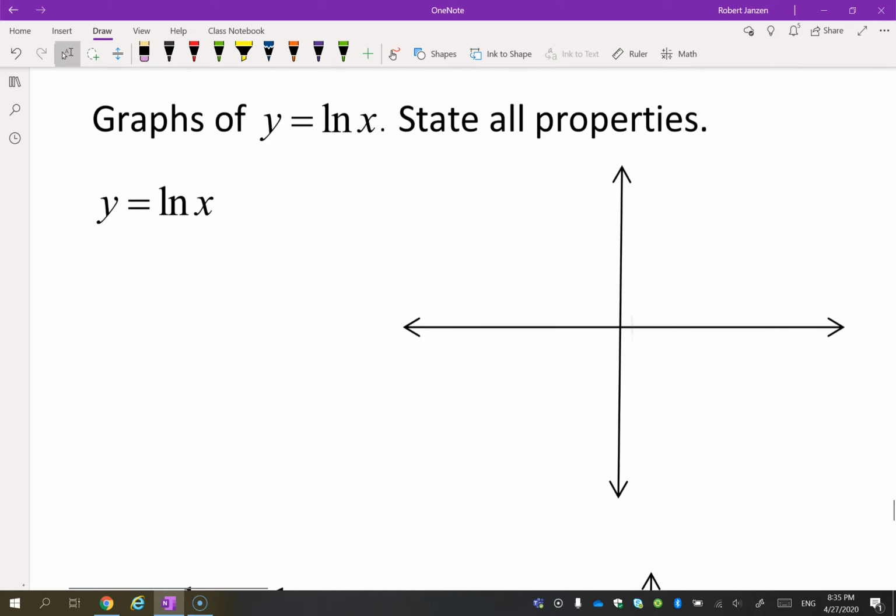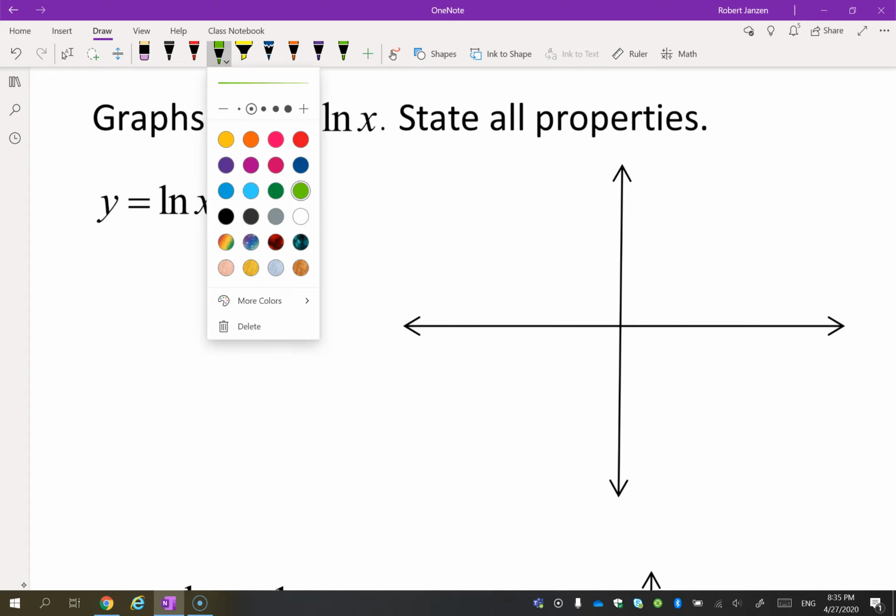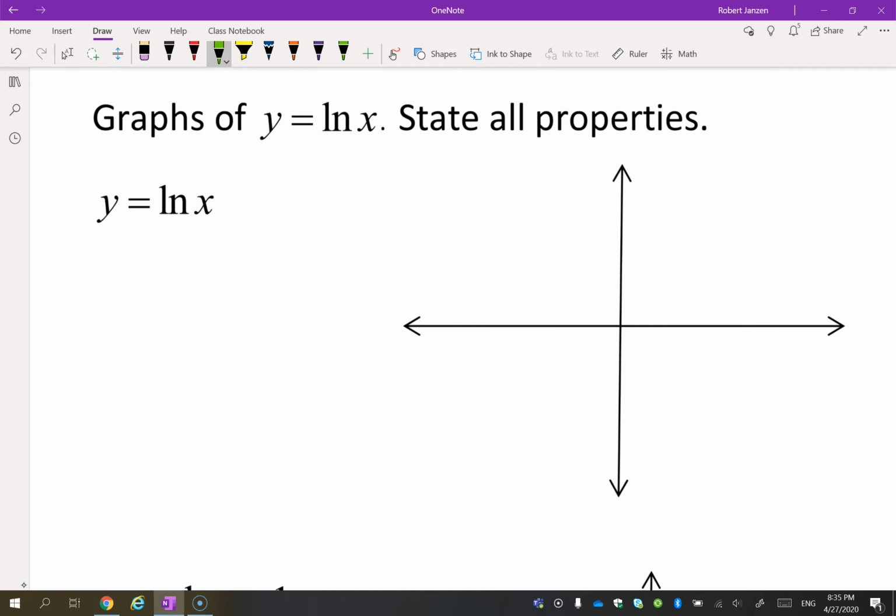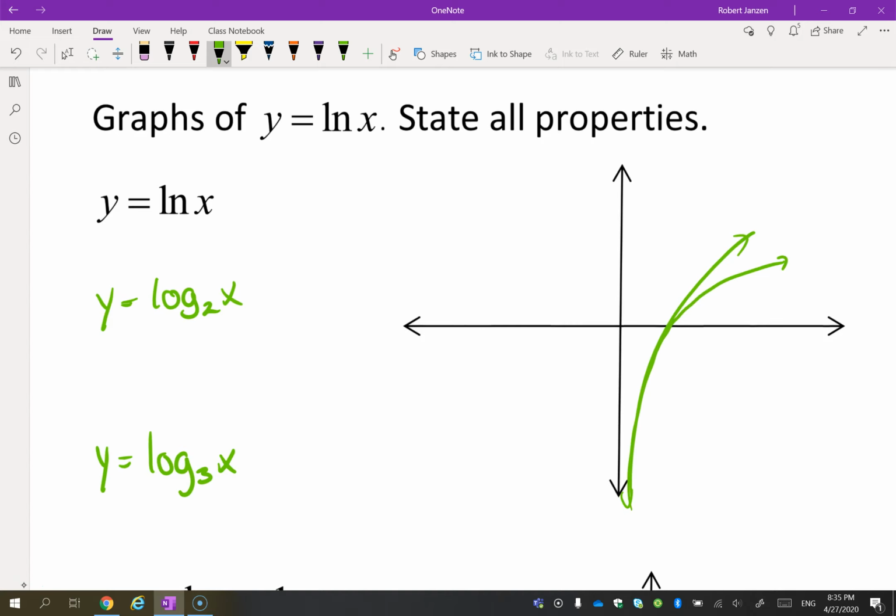Alright, the good news is with the natural log, same rules, so let's quickly remind ourselves, what does y equals log base 2 of x look like? And what is log base 3 of x? Well, they're going to be like this. Which one's which? Which one turns sharper?